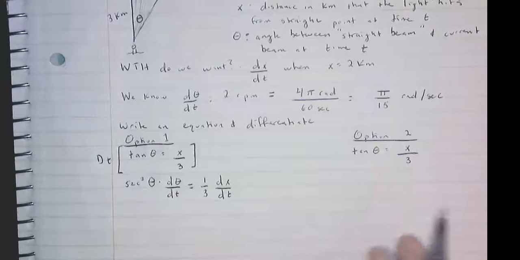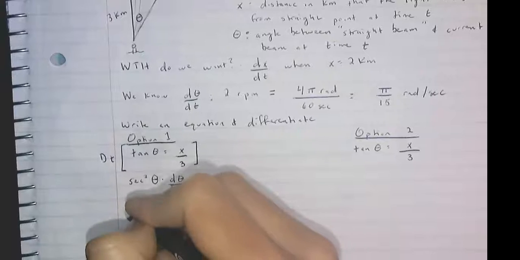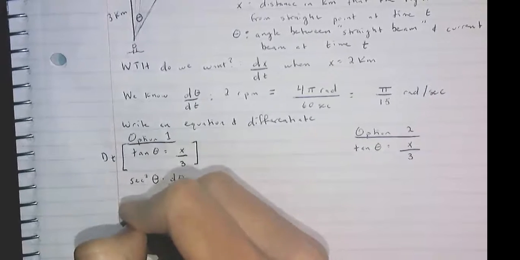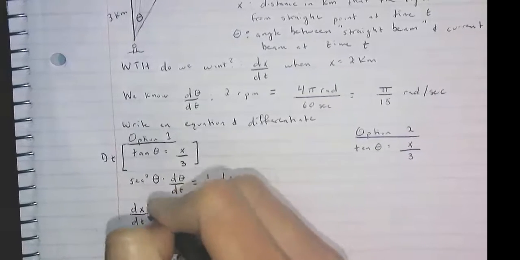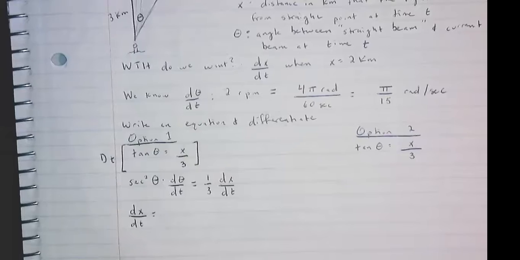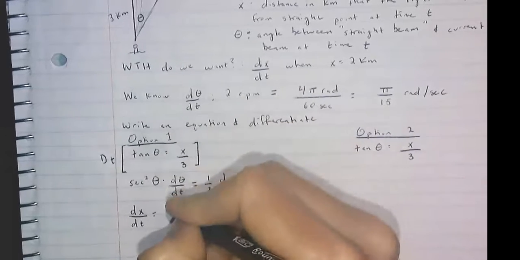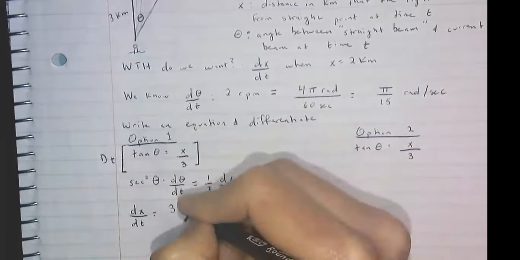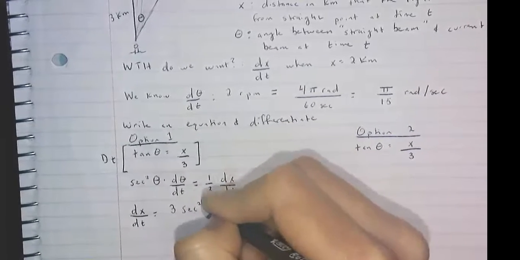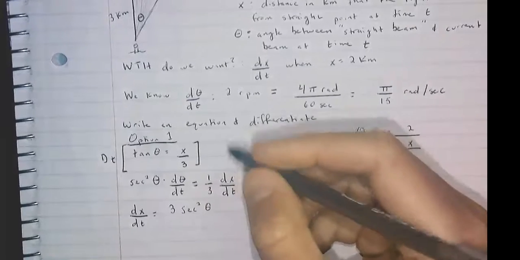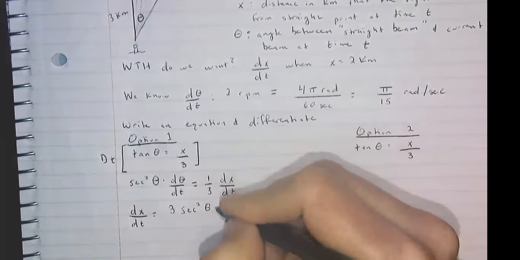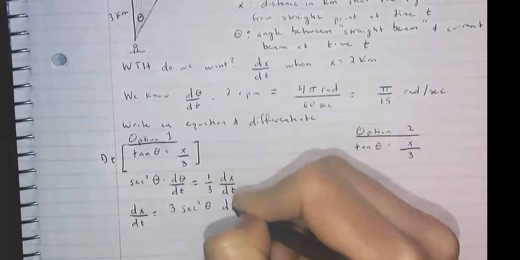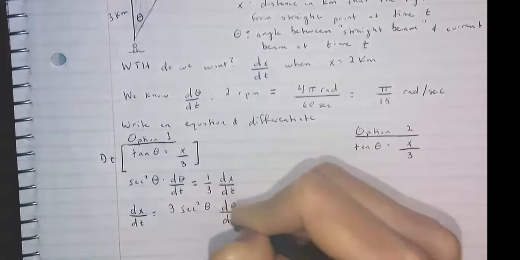So let's just rearrange this. dx dt, according to what we just did, should be equal to 3 times the secant squared of theta times d theta dt.